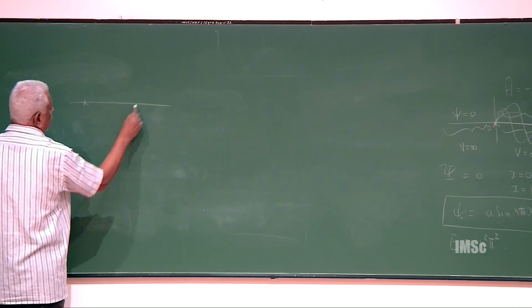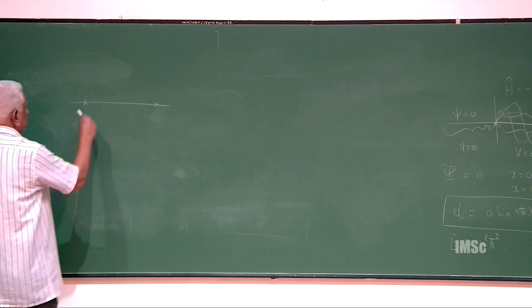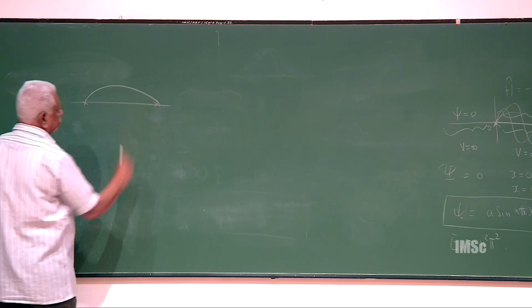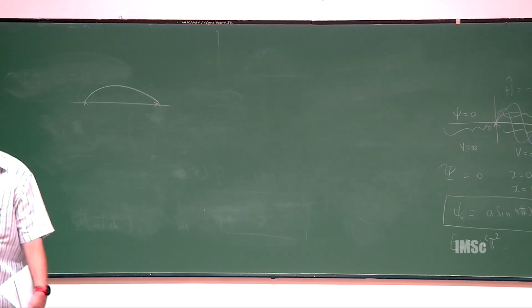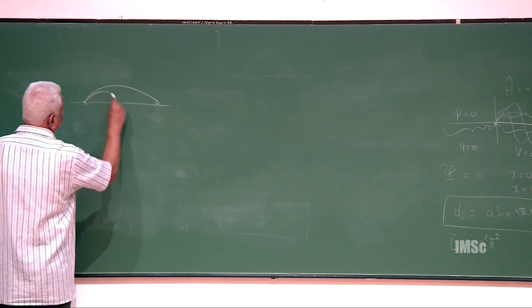So, this is my 0 and 1. When n is equal to 1, it is sin pi x, so it is a function like this. For n is equal to 2, sin 2 pi x, it will be like this function.